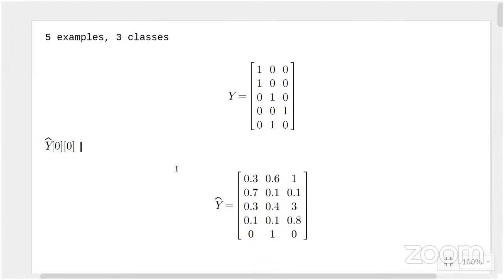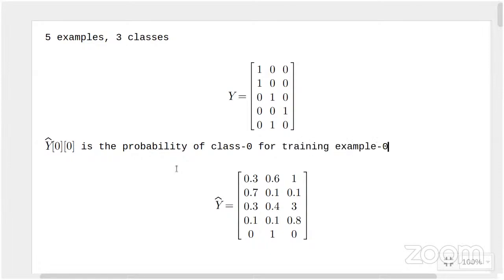So 0.3 is the probability of class 0 for that example.